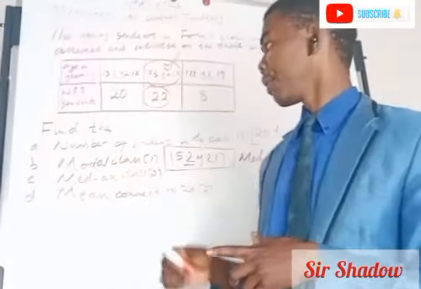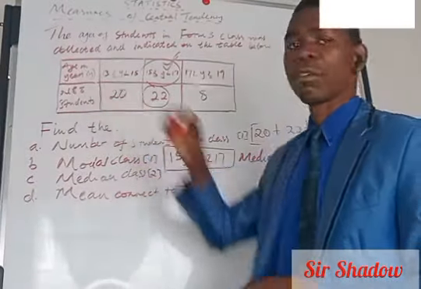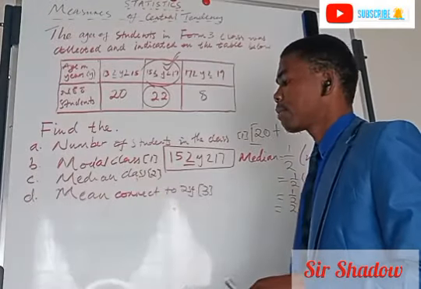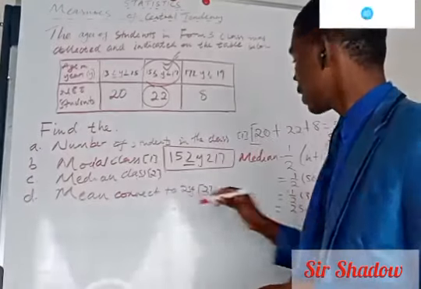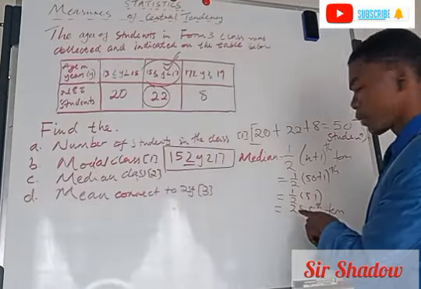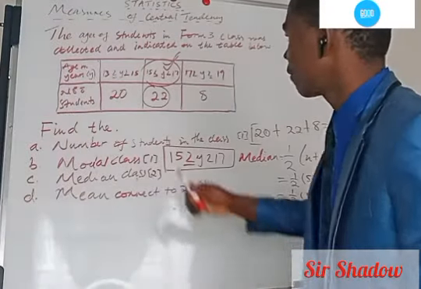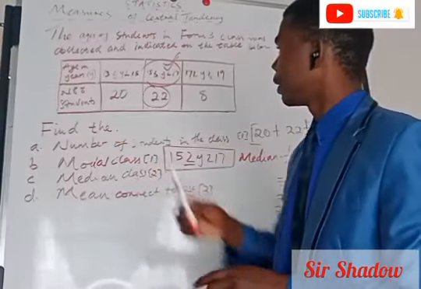Because sometimes examiners may ask you to find the median number of students, and sometimes you may also be asked to find the median class. So for the median number of students, we said we have the 25.5 term. For the 25.5 term, we have to add from this one.